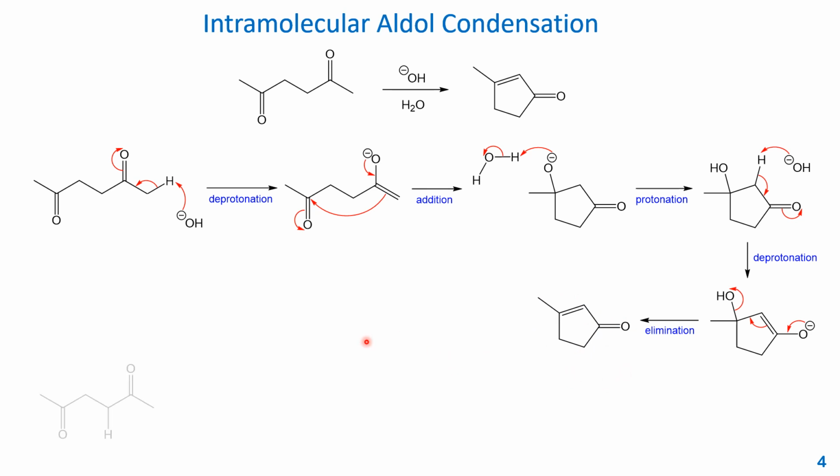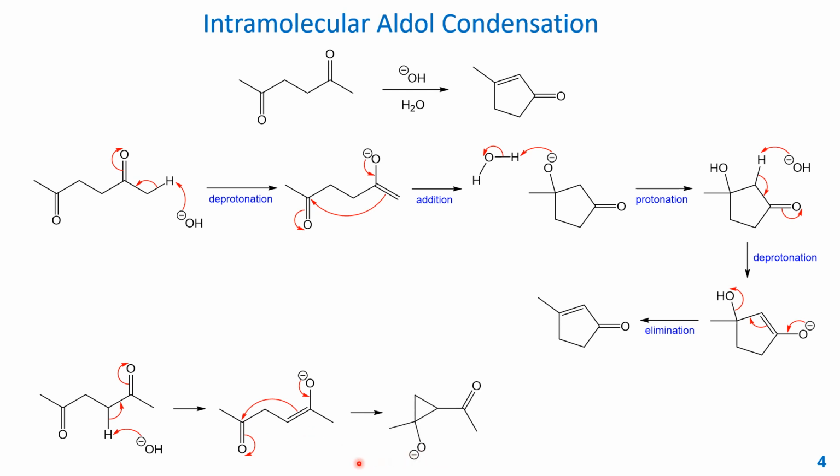There's another possibility for this reaction. For example, this is also an alpha proton, which could potentially be deprotonated by the base to form a similar enolate intermediate, and the reaction could happen between this carbon and that carbon. So the electron can push back, and this pi electron can attack this carbonyl. However, this will form a 3-membered ring.